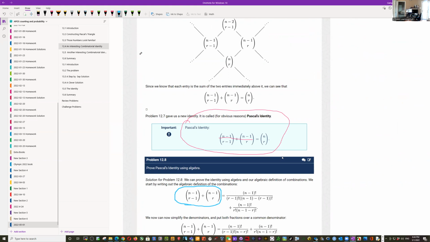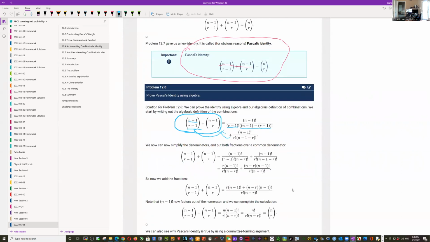So the definition of combination number is the factorial of the top number on top. Then the bottom is the factorial of the bottom number, multiplied by the factorial of the top number minus the bottom number. So this is just flat replacement of this portion, and this is the straightforward representation of this one.